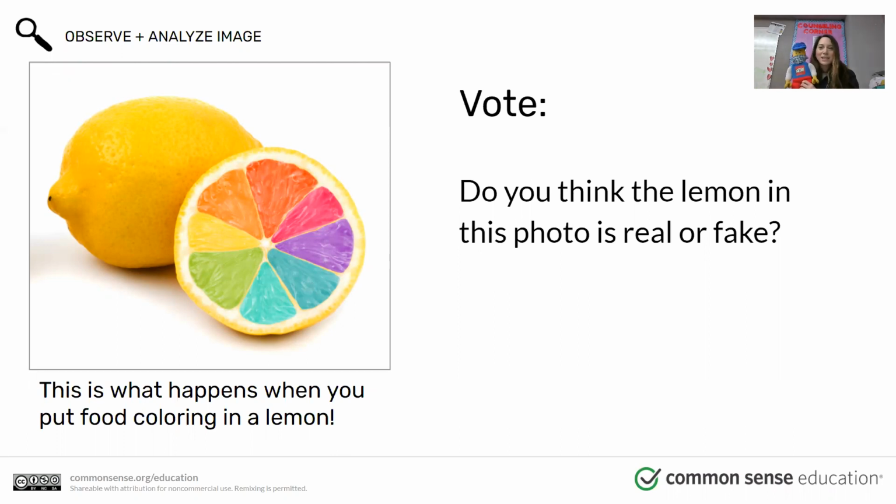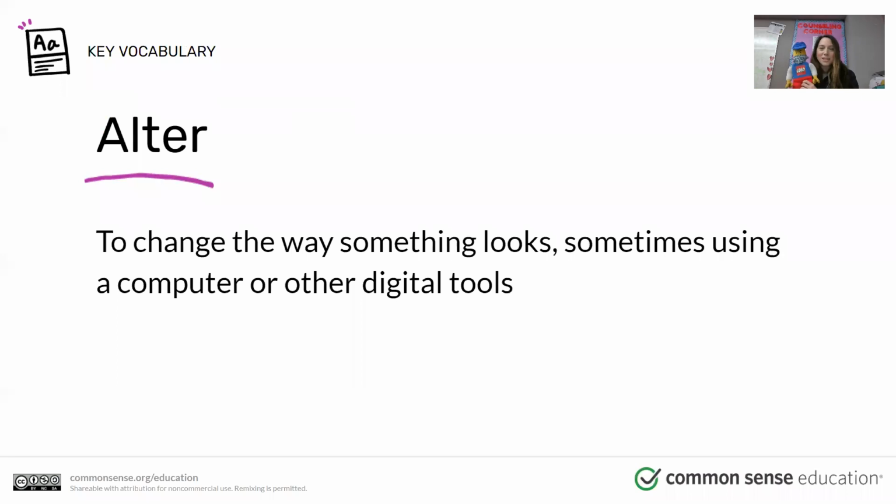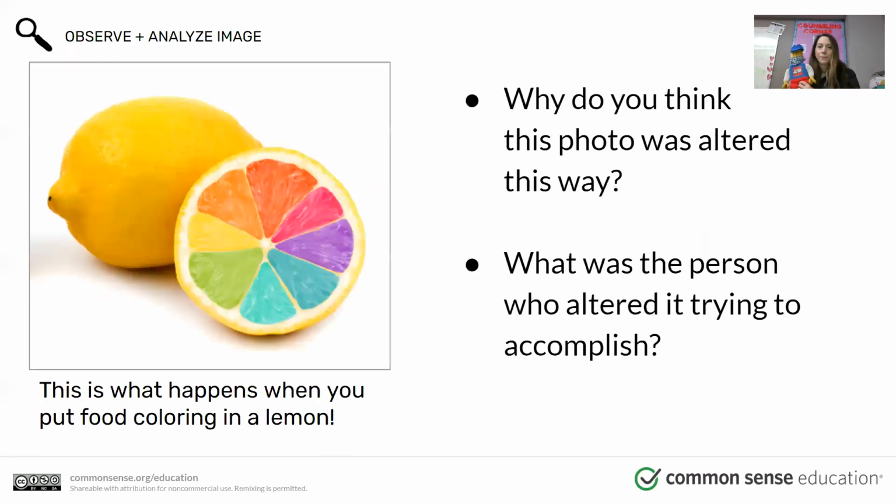And that's something for you guys to think about, that not everything you see out there on the internet is actually real. So why do you think this photo was altered? Why might it have been altered? And what was the person who altered it trying to accomplish? I mean, it depends what the purpose is.